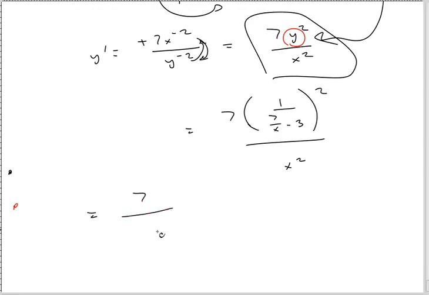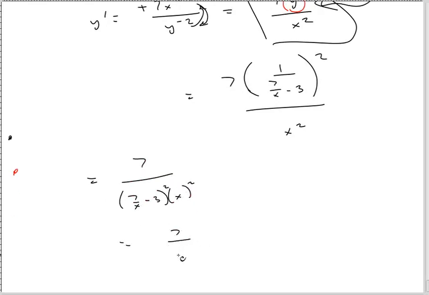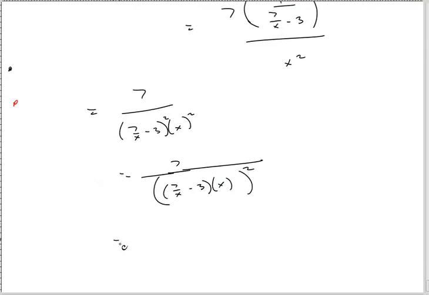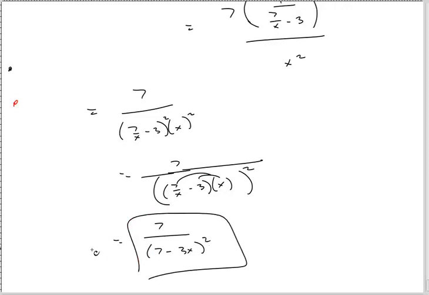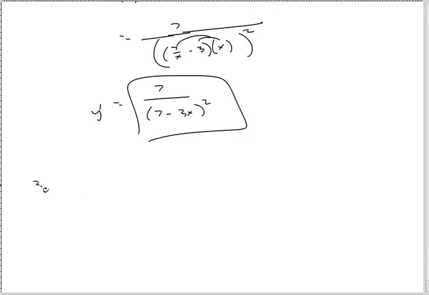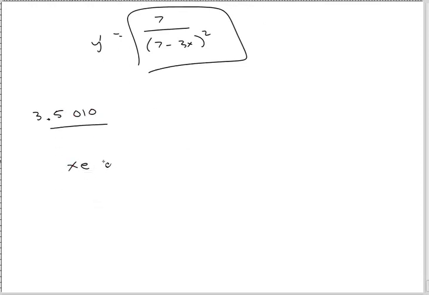And so I got a 7, and then I've got this 7 over x minus 3 squared, then I got an x squared, and so I could say they're both squared, and so then I got 7 over x minus 3 all times x all squared. Well, I can distribute my x, and so then I actually get just a 7 and then a 3x, and then, again, squared. And that is so much better. This is my y prime, only x's, no y's. I do not know if that's required, but it's a good practice to practice. I will not be doing that every time.